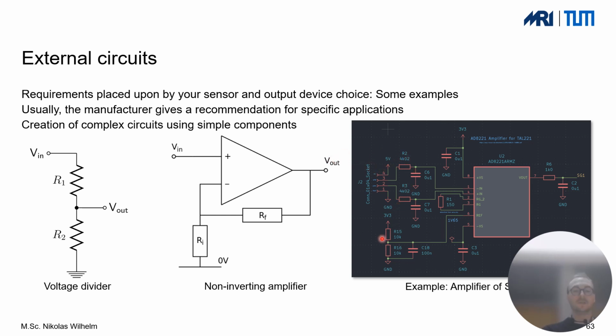For that, we need a lot of external circuitry just to get that single signal supplied, and then scaled up with all this circuitry to a 3-volt signal in the end. This will then be sent to an analog to digital converter, and it will be much easier to interpret finally.